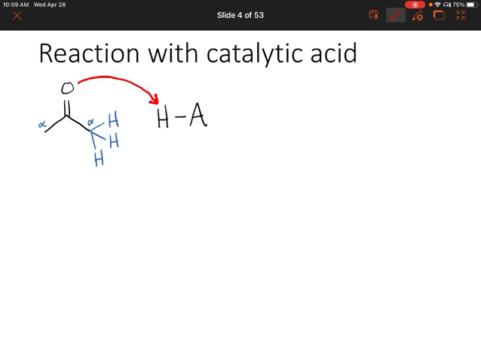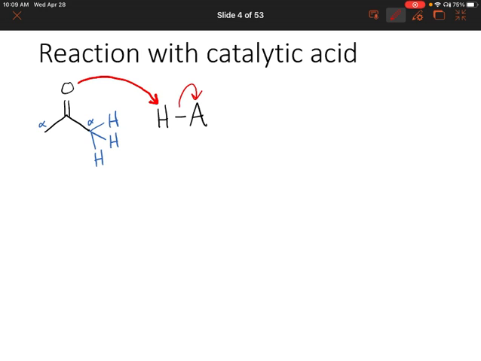So remember, this is the same from our ketone and aldehyde chapter, where we looked at what are the steps if we react a ketone with an acid versus a base. So acidic conditions versus basic conditions. So here we have acidic conditions, and thinking back to our ketone and aldehyde chapter, we said that the first step in acidic conditions, the oxygen attacks or grabs onto a hydrogen from the acid.